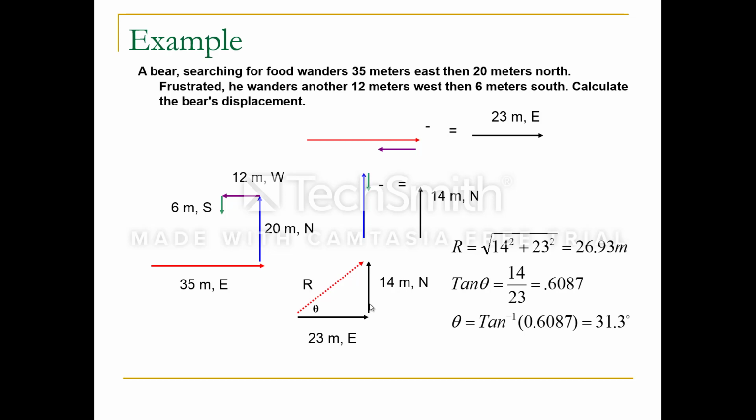Again, that's why I want to make sure you're drawing your pictures, to make sure you get the correct opposite and adjacent sides so you get the right angles. So your final answer should be 26.93 meters at 31.3 degrees north of east.